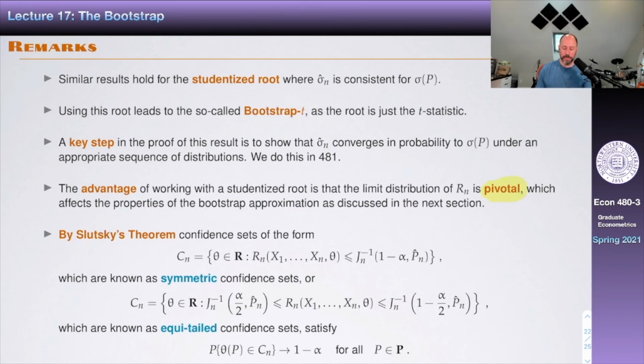I want to discuss those reasons in a minute, which affects the properties of the bootstrap, as I wrote over here. By Slutsky's theorem, if you just compute the confidence set like this, meaning you collect all the θ such that the root is less than the bootstrap critical value, which I want to call here a bootstrap critical value.